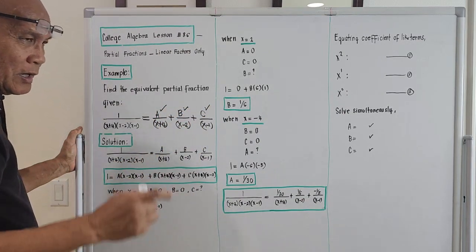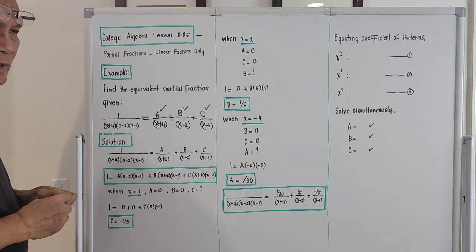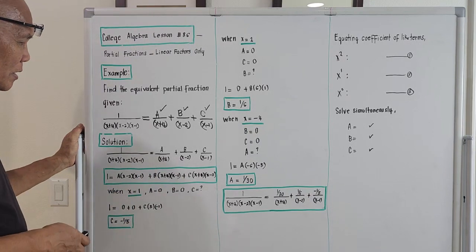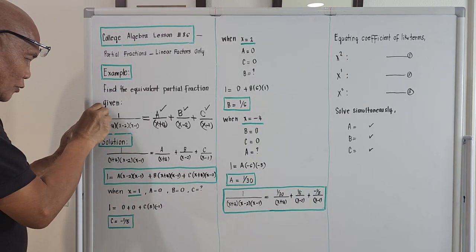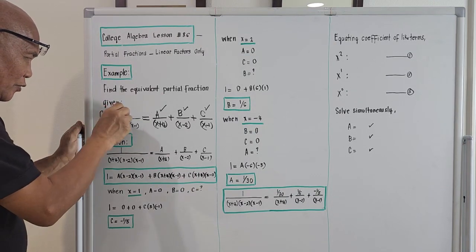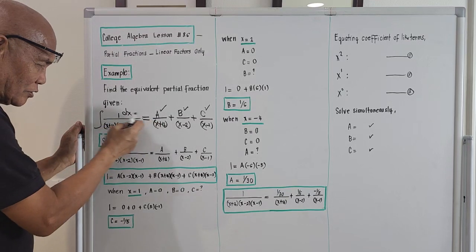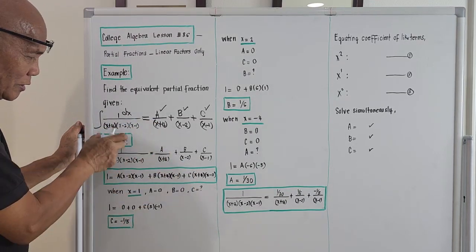This is very important in the solution of the so-called integration involving partial fractions. Because sometimes there are problems if we put an integral sign here and a dx over here. We are asked to integrate this one. Without knowing partial fraction, we could not integrate this one.